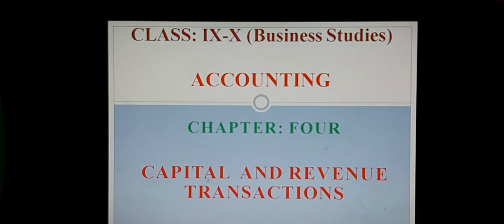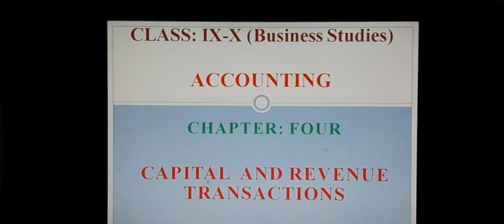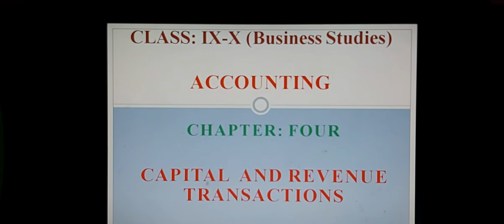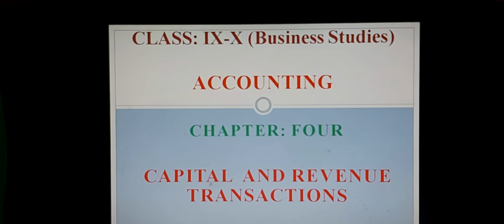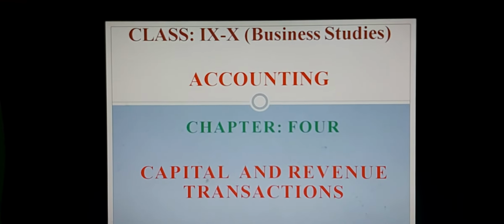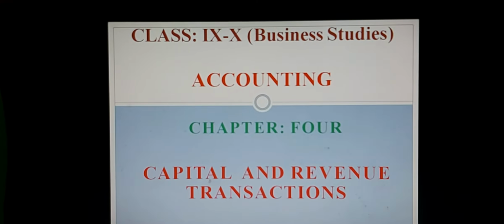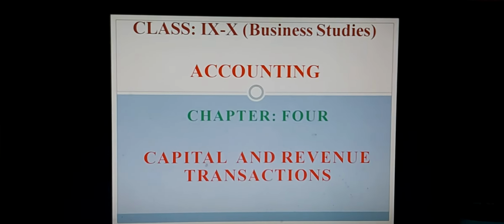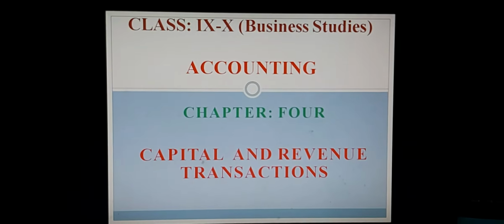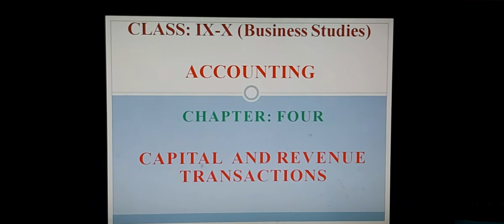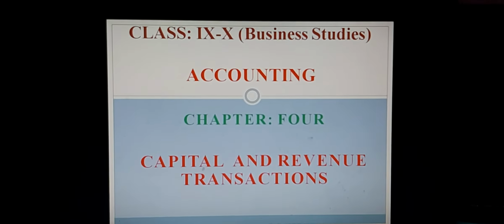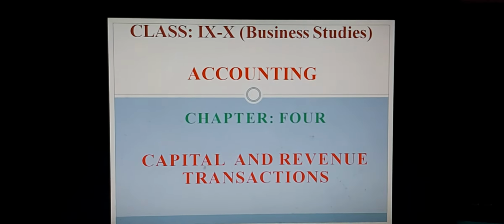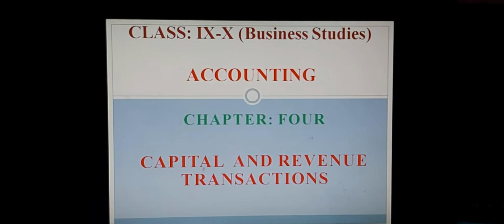But now you have to know how many types of transaction there are. There are many types of transaction in different ways. How is it? According to nature, two types of transaction are available in the accounting recording procedure.